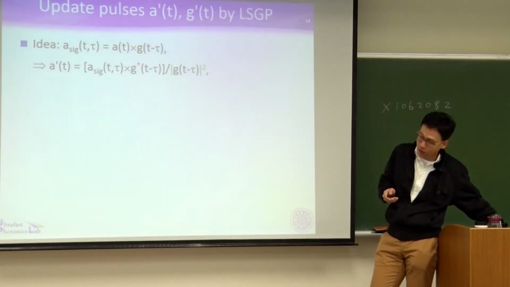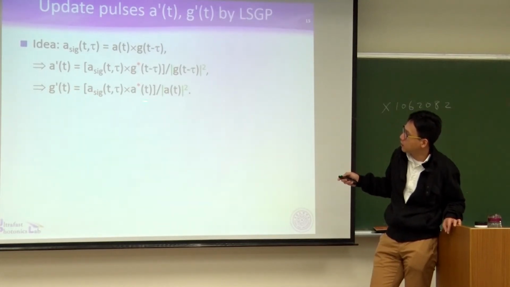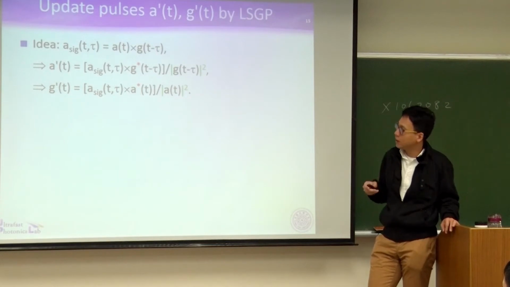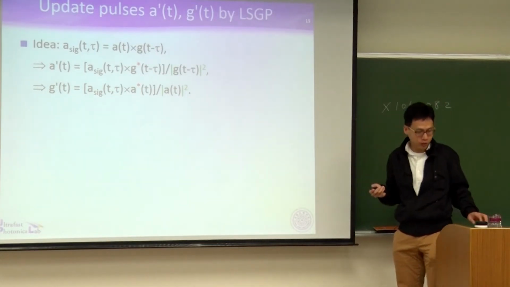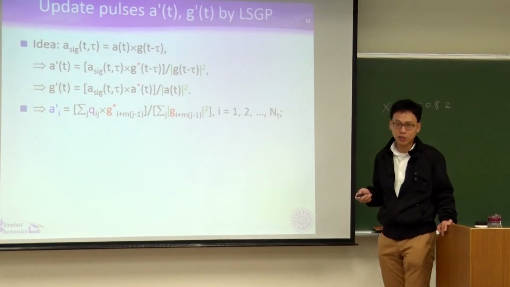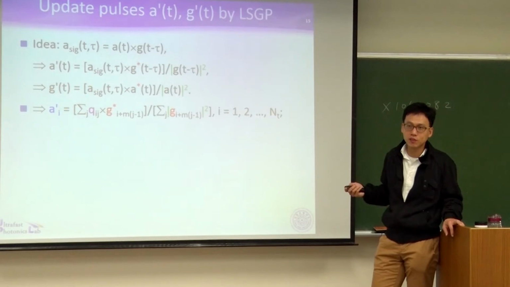And for the same reason, the new G can be implemented in this way: A sub sig times A star, normalized by |A|^2. Okay, that's the idea. Then all you have to do is use numerical representations to implement these two formulas.